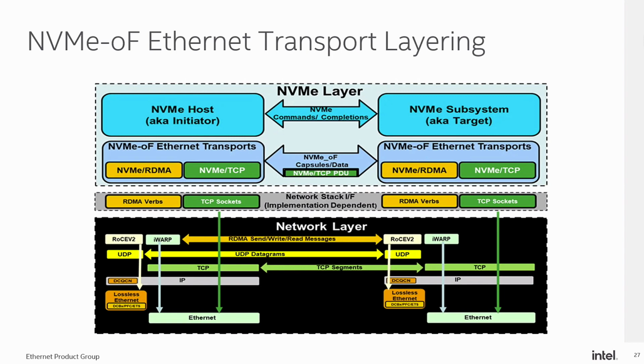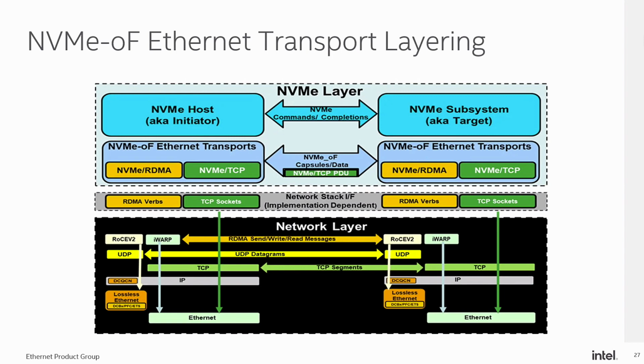If you drop down below into the network layer, this is where it becomes less storage and more networking. You see RoCE being UDP, and because it was built over the InfiniBand model, it's somewhat sensitive to packet loss. Its recovery methodology really gets challenged when you start to get heavy packet loss.